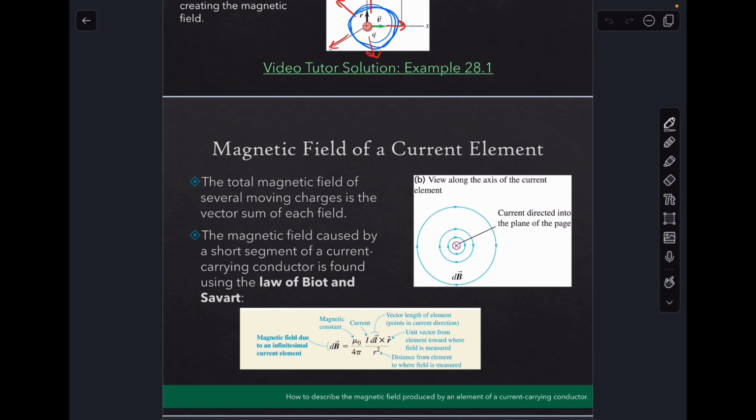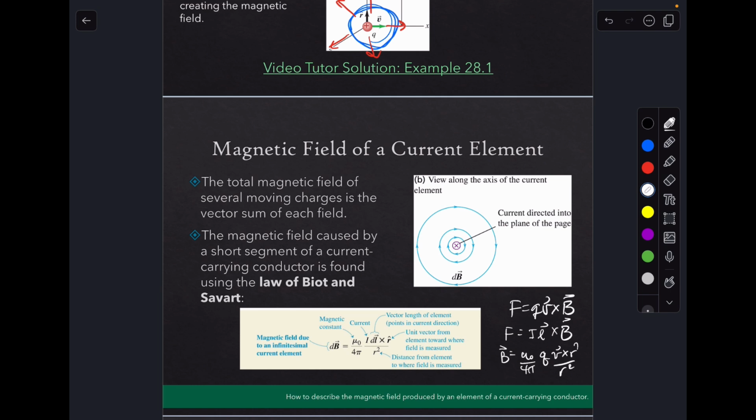In the same way that we extended the force QV cross B, we turn that into IL cross B. Now we're going to turn the magnetic field due to a single charge into a more generalized version, the magnetic field due to an infinitesimally small current element, basically replacing QV with IdL.